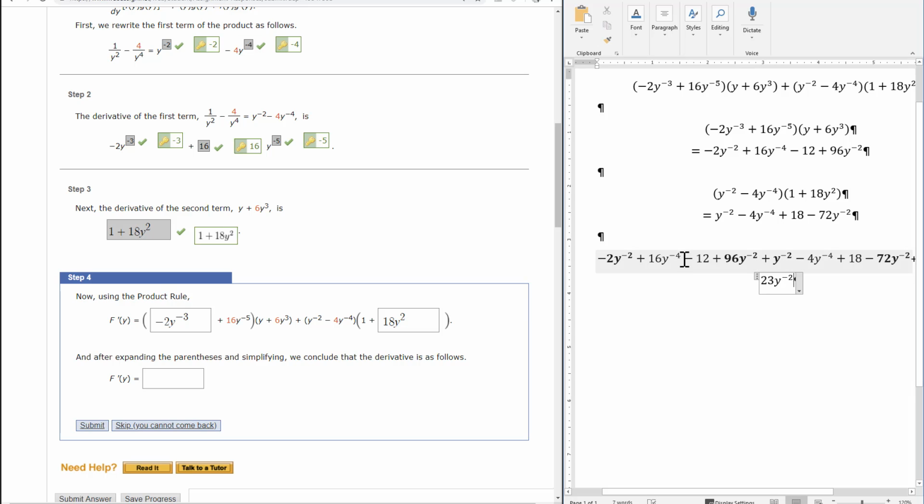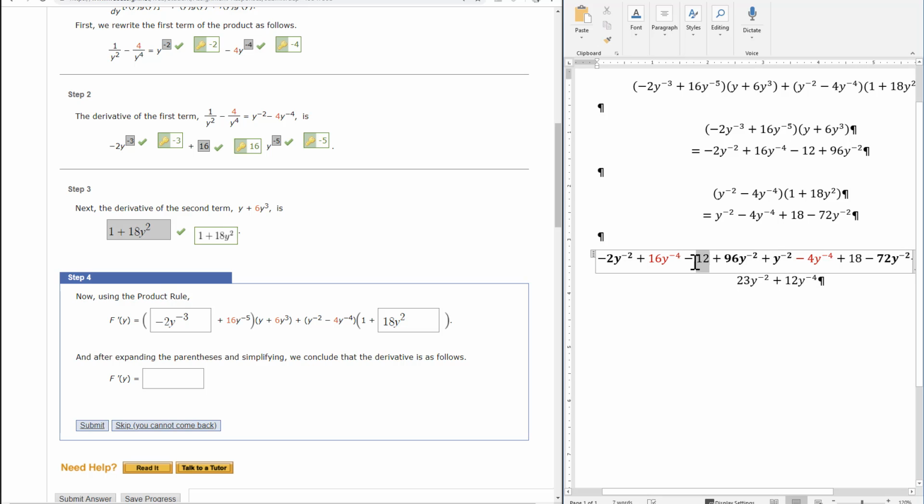And then now we have some stuff that's to the -4 power. Let's put a color on this to make it look a little bit different. We have -4, that's 16. We have this thing to the -4, and that's it. So 16 minus 4 is 12. So that's a positive 12y to the -4 power.